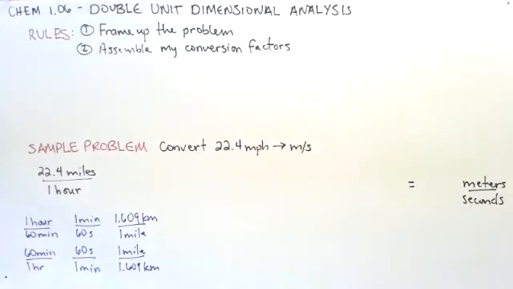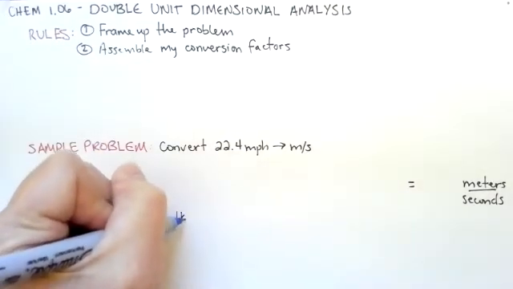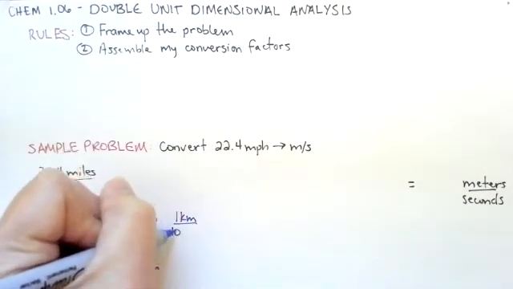But that leaves us with a problem, because we have to get from kilometers to meters. And a lot of times we'll do decimal shift, but in this case, it's going to be kind of tough to do decimal shift. So you could either look on your table and see that 1 kilometer is 1,000 meters.